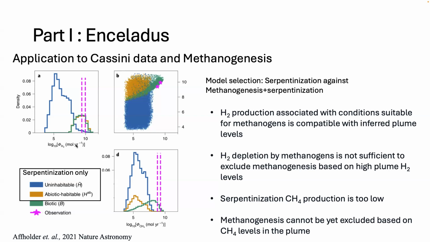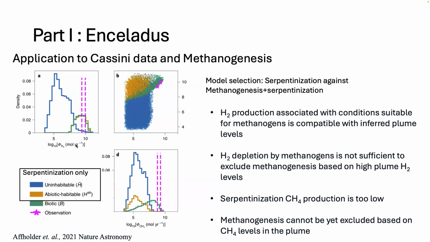That's the only source of methane that we have in our abiotic model. So conclusion, this abiotic source is not a good explanation of the data. On the other hand, simulations with biotic methane production do reproduce observations. So based on the methane flux, we can't really exclude the possibility of biotic methanogenesis.